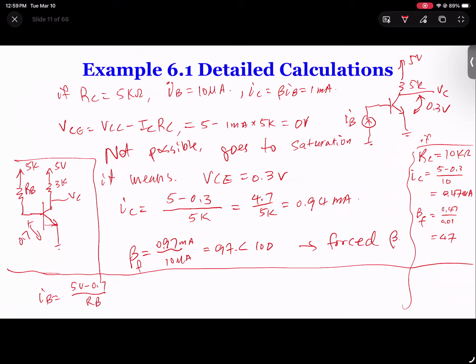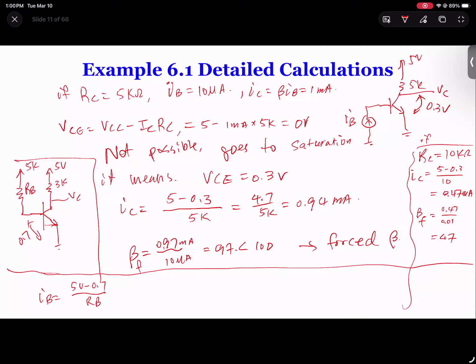So that's the very simplified calculation. You can do active mode, because its IB is 10 microamps, so we can calculate IB. But that will give you a value that is close enough, but it's still not exact.